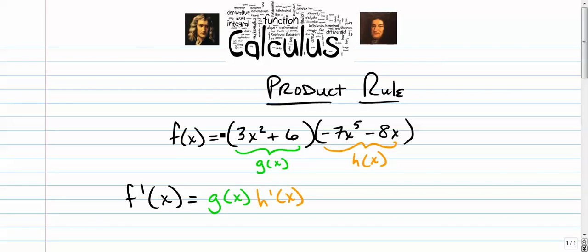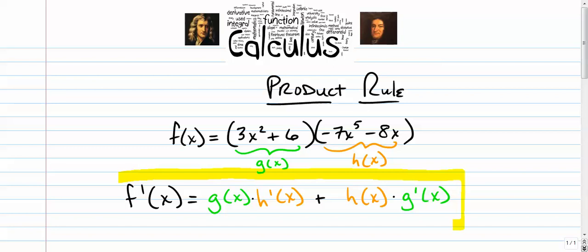So there's a multiplication in between there. And we're going to add the second, the unchanged second, times the derivative of the first. And that is your product rule. So I'll put a nice box around that.